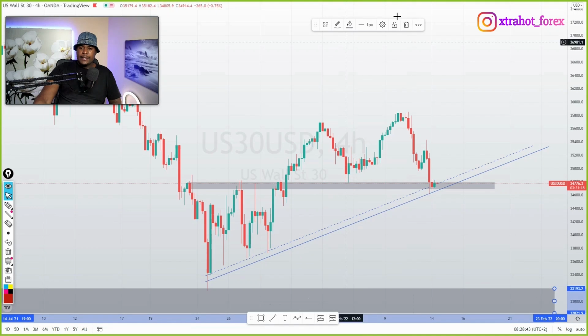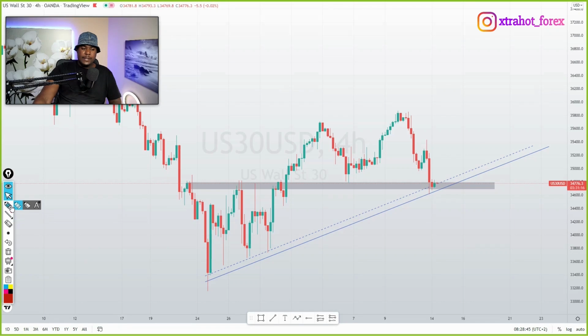You can see that the market was respecting this area. Do you see this? And now maybe the market is there. So at the moment, if the market is going to respect this and push up, we can buy around that area, maybe 35,000. Hey, 35,000 is far. Let me see, where is that? We can buy around, let's say, 34,850. That's where we can buy.